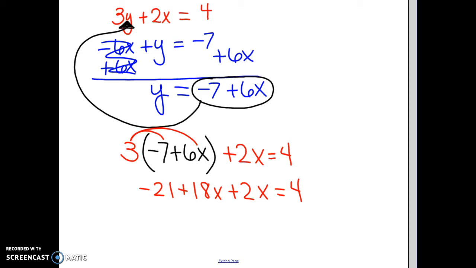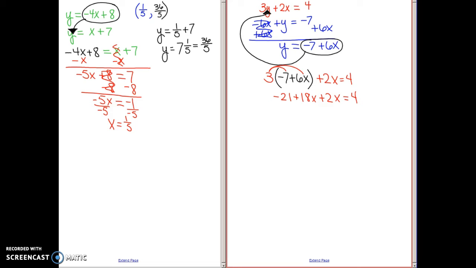My next step in an effort to get x's by themselves would be to add 21 to both sides of the equation. Negative 21, positive 21 cancel. I keep my 18x plus my 2x, and that now equals 25.